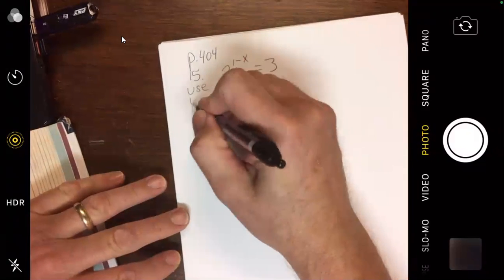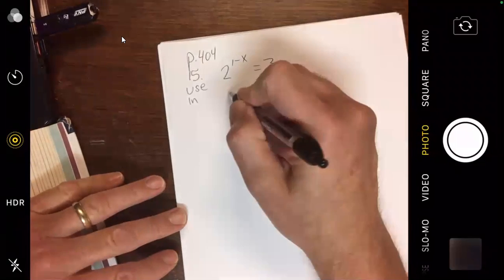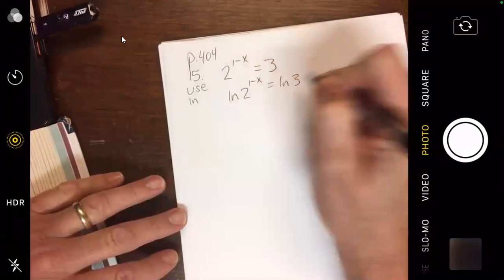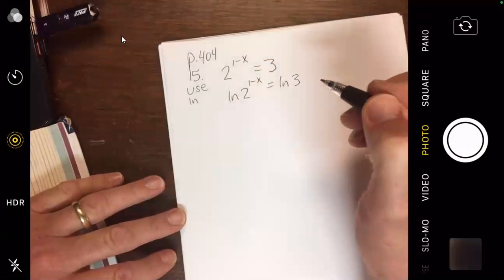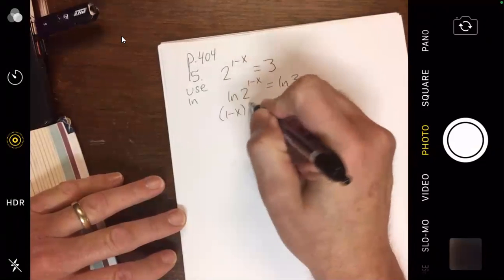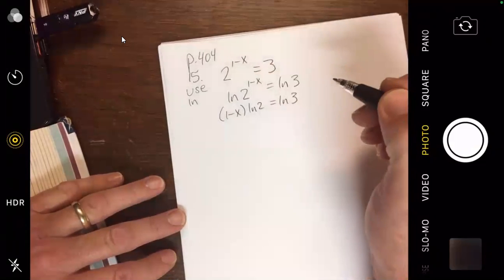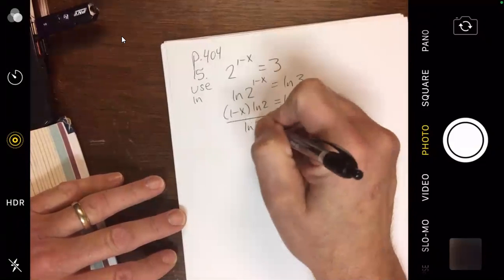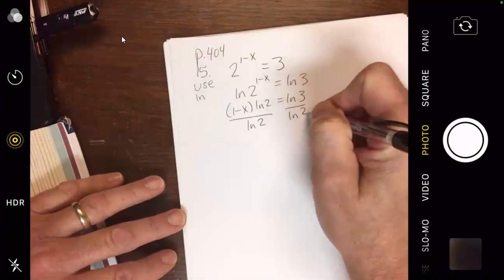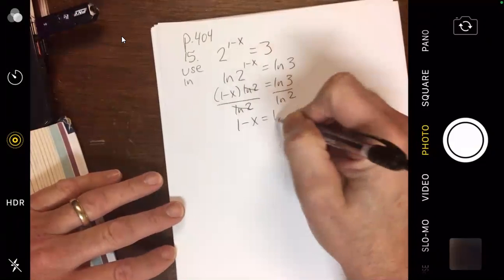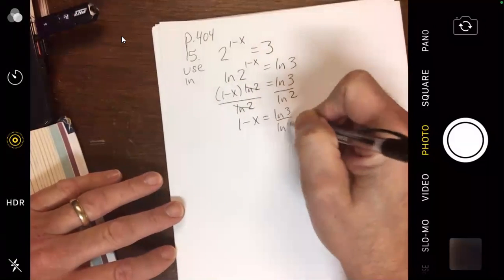Use ln. So ln of 2 to the 1 minus x is equal to ln of 3. 1 minus x times ln of 2 is equal to ln of 3. In any case, I usually like to divide by ln of 2. 1 minus x equals ln of 3 over ln of 2.